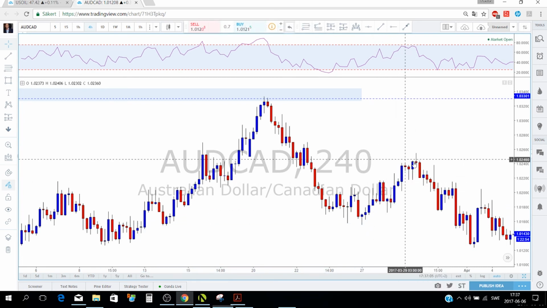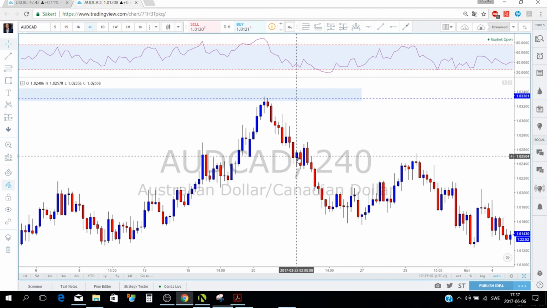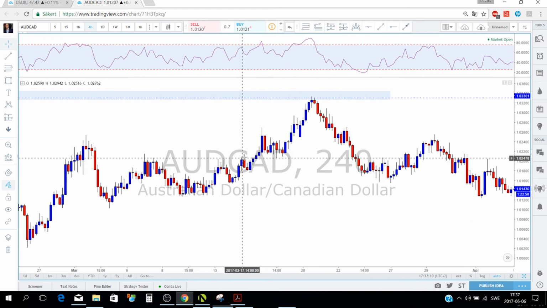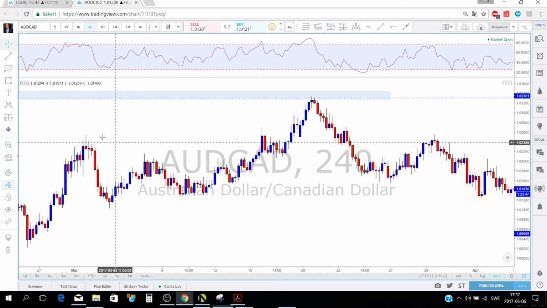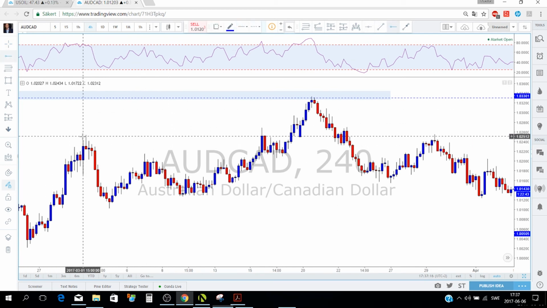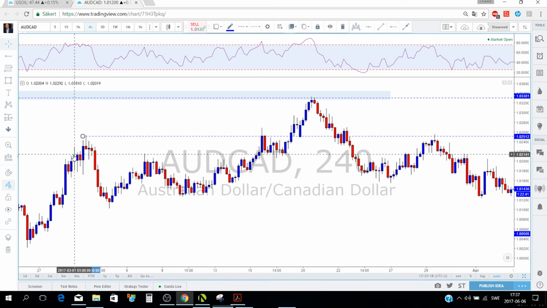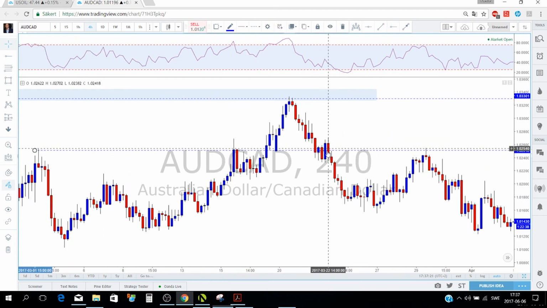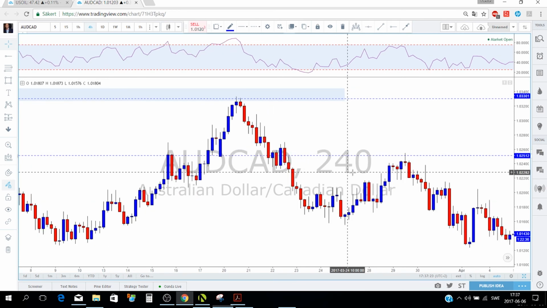When price did reach this structure here, this is also a good structure to look at because it was acting as resistance in the past. Let me put a line and show you what I mean. You see here price had trouble in this area also.